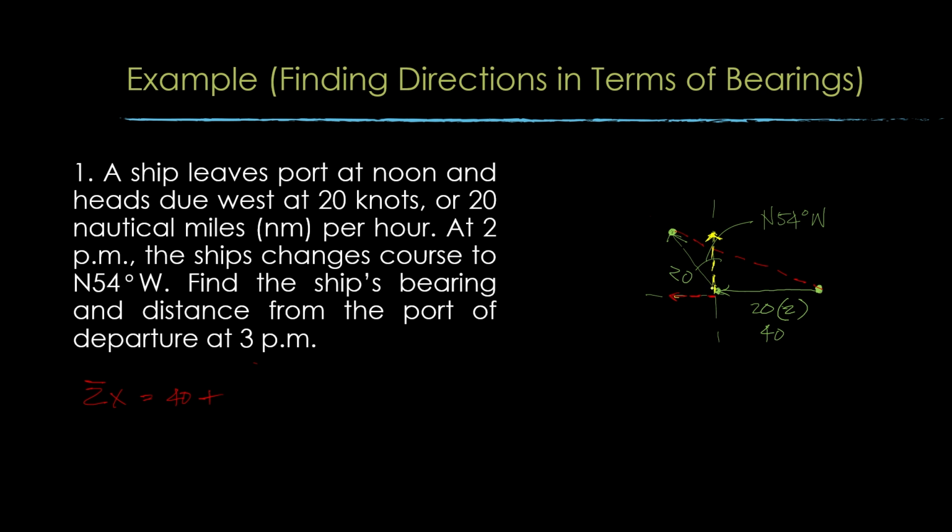So if you use this angle right here, you use the sine value. So that would be 20 sine of 54 degrees. Okay, the sum of all your x components should be 40 plus 20 sine of this angle.